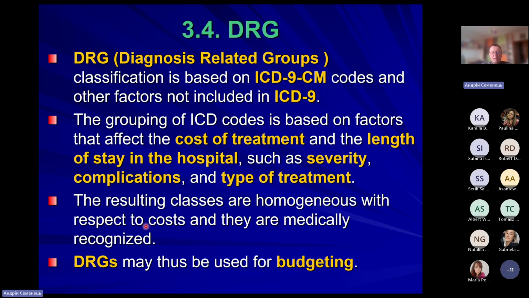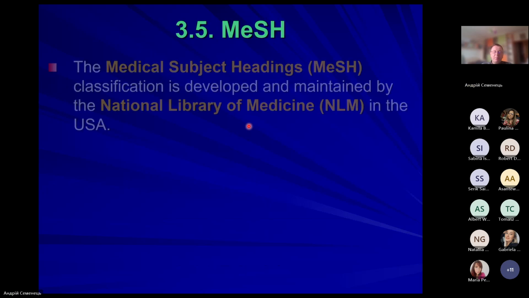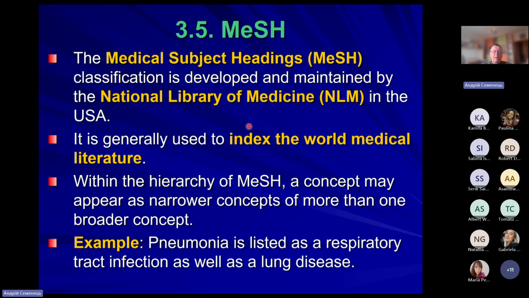Actually, it's mostly used for budgeting when we need to calculate the cost of treatment. And here we have a DRG example. Actually, that's not a complete example because it has to contain at least one column at the right side with the price of this kind of service. But it's specific to the hospital, definitely.